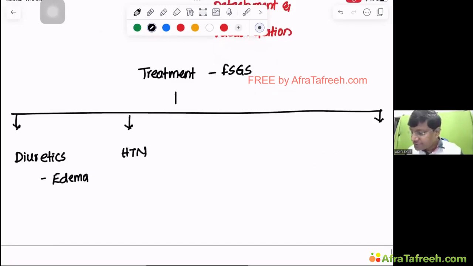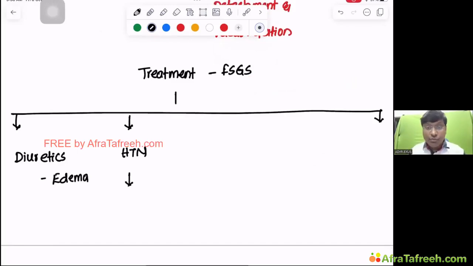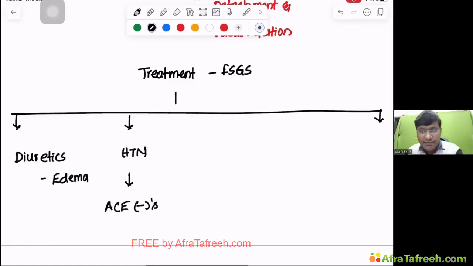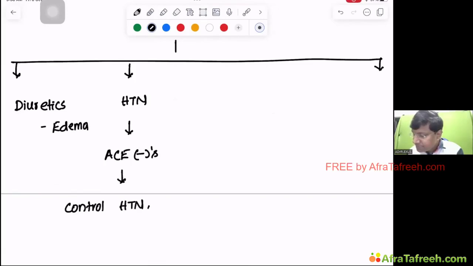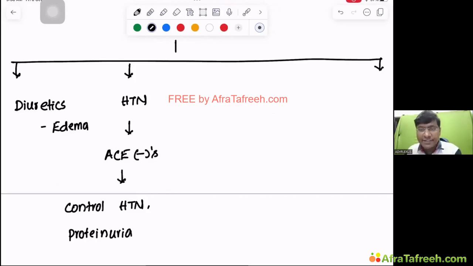What drugs should you give for hypertension? ACE inhibitors. The advantage of ACE inhibitors is that they will not only reduce the blood pressure but also control proteinuria, both.